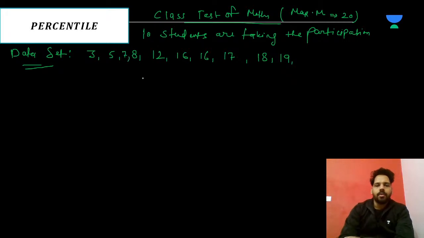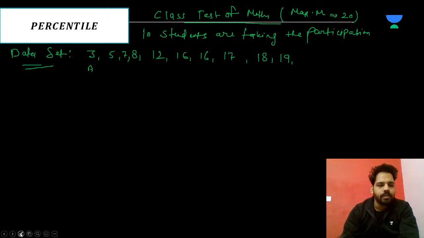Now this is our data set. These are the marks of students, right? Just suppose I'm writing them as A, B, C, D, so you will understand better. These are the marks of some of the students like student A, B, C, D.